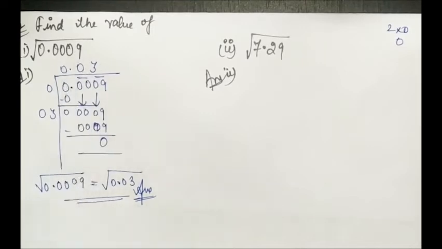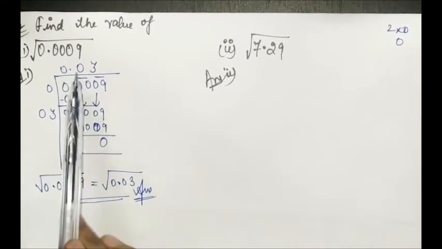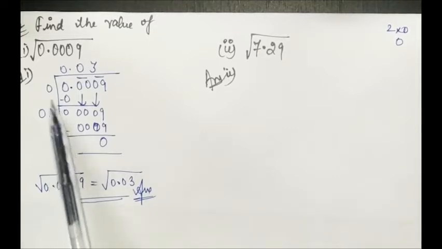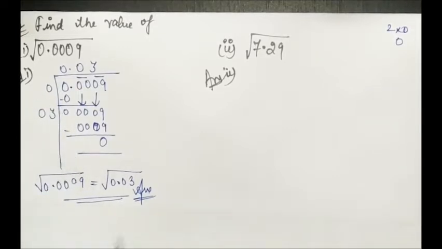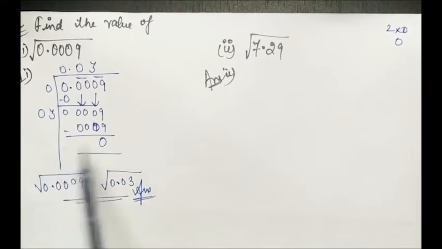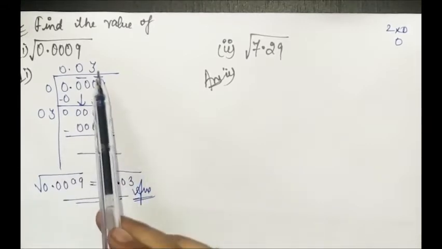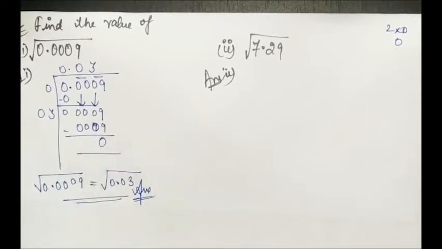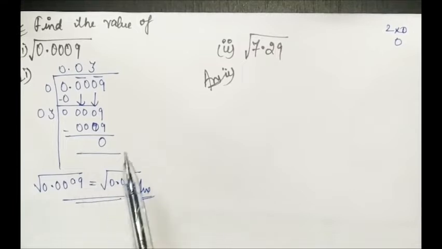You have to do double of 0 here, and 2 into 0 is 0 only, not double 0. So we have just put 0 here, and 0 0 will not be divisible by anything, so we have written 0 here, and then we subtracted that, and put 3 also here, since 9 is the square of 3. So 0.03 is the answer for this particular part.